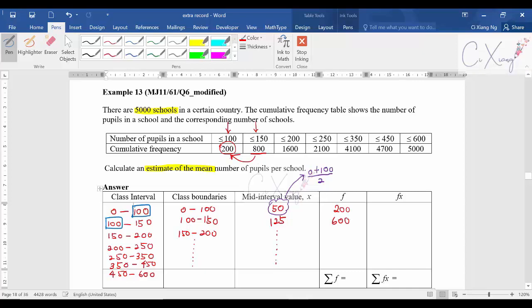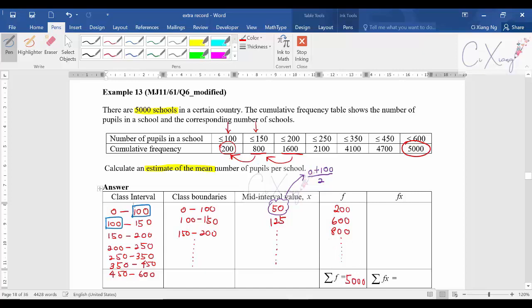You take 1,600 minus 800, and therefore you get 800. The same thing applies here. You can continue the calculation and add them together, and you should get 5,000, which is the total of the cumulative frequency. If you didn't get 5,000, that means something is wrong in your calculation here.